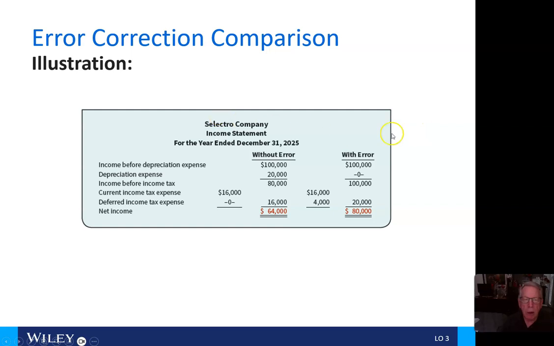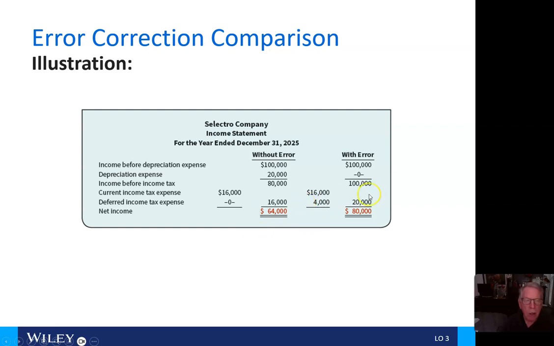So here is the income before depreciation expense. Here's the depreciation expense. So our income before income tax would have been $80,000. The current income tax expense was $16,000. There was no deferred income tax expense. So the net income here would be $64,000 without the error.